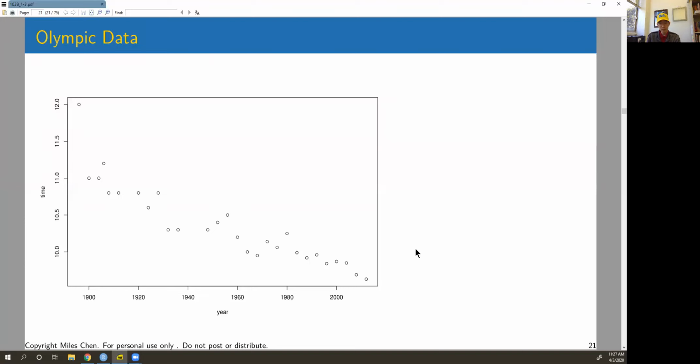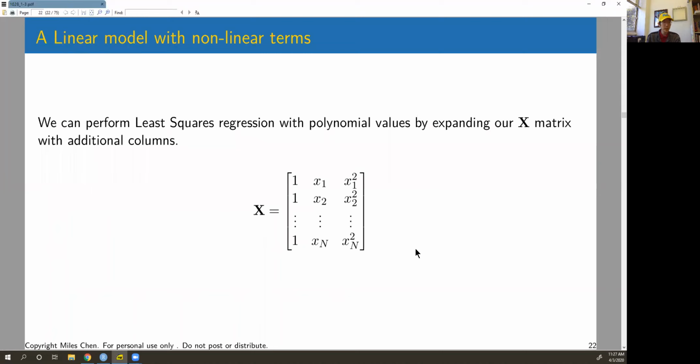When we are working in matrix notation, I can do this by expanding my X matrix. On the previous slides, X was an n by 2 matrix. I can make this accommodate a quadratic term by adding a third column for X squared.